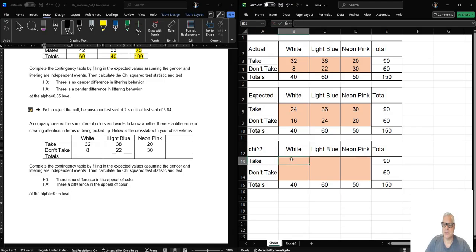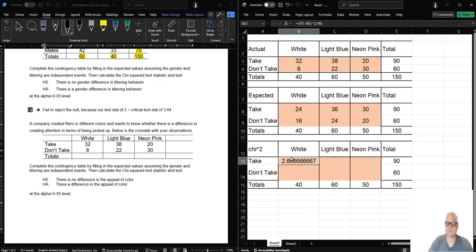So now we use again the formula that we compare the actual, and we subtract from the actual the expected, close parentheses, square it, and divide by the expected. And now I can copy that to the right, and I can copy it down.